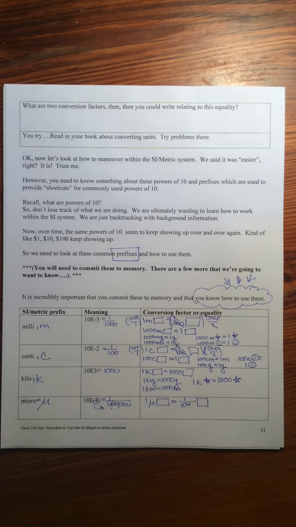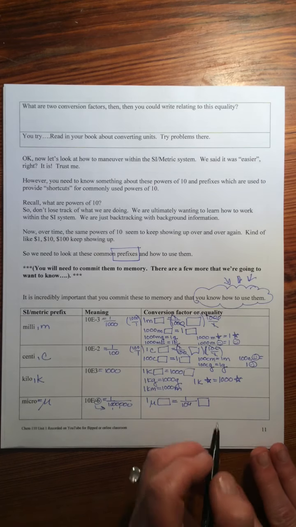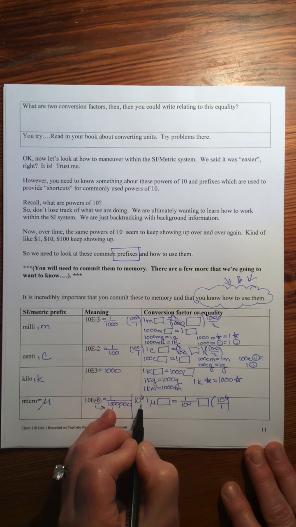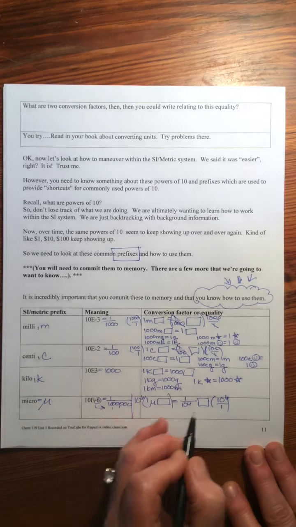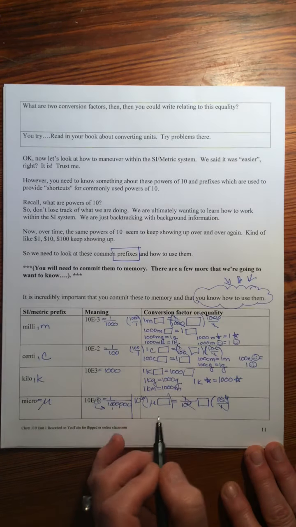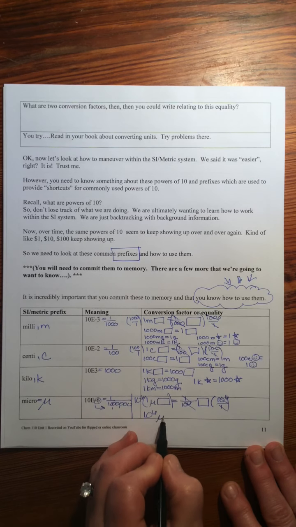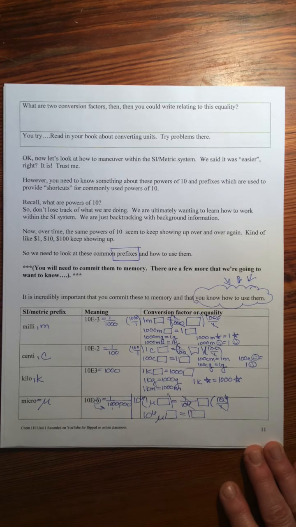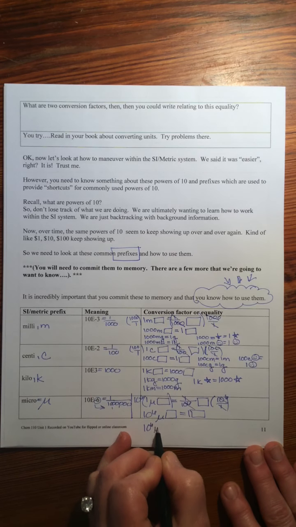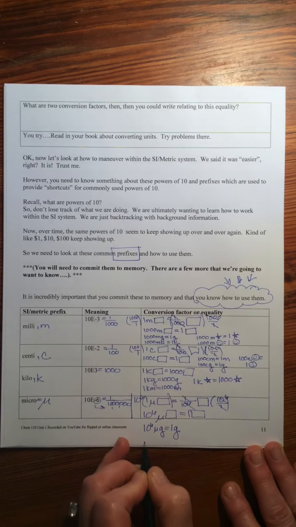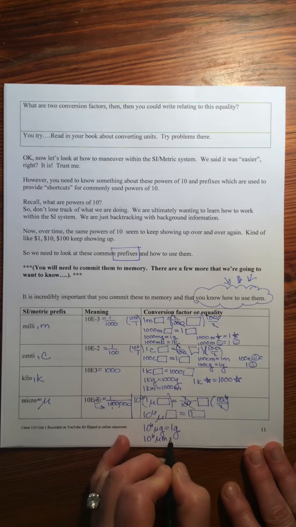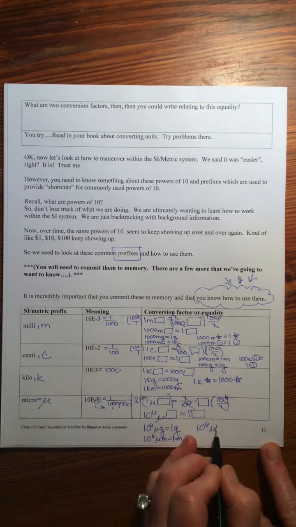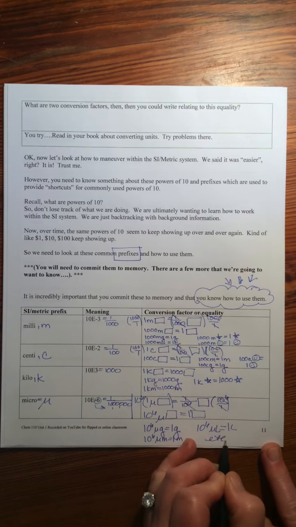Now I want to get that power of 10 out of the denominator, so I'm going to multiply both sides by 1,000,000. This cancels out as 1, and I end up with 1,000,000 micro whatevers equals 1 whatever. So put in whatever unit you want. 1,000,000 micrograms equals 1 gram. 1,000,000 micrometers equals 1 meter. 1,000,000 microliters equals 1 liter, and so forth.